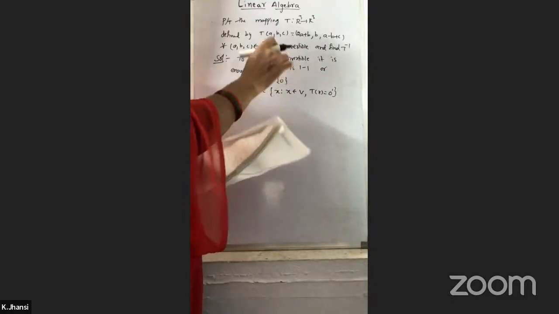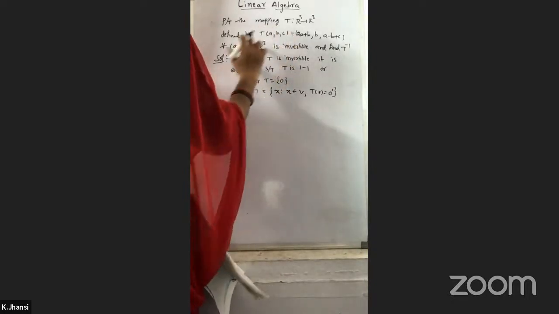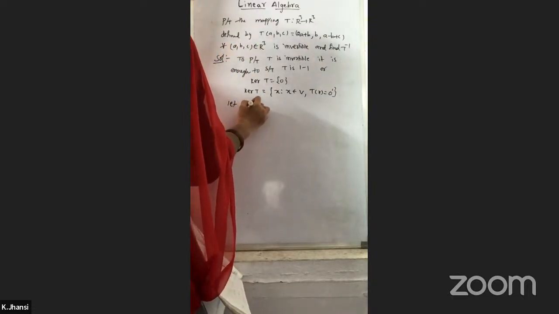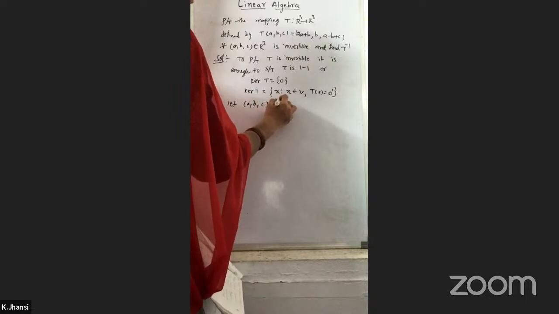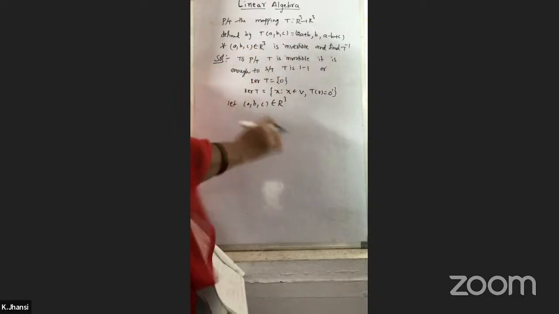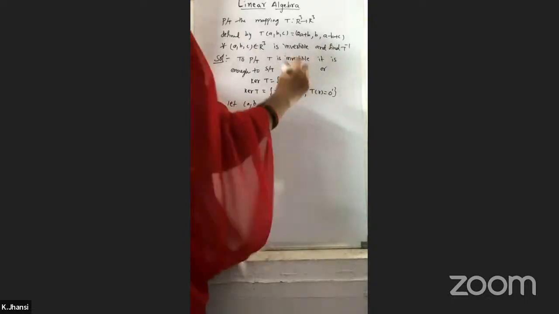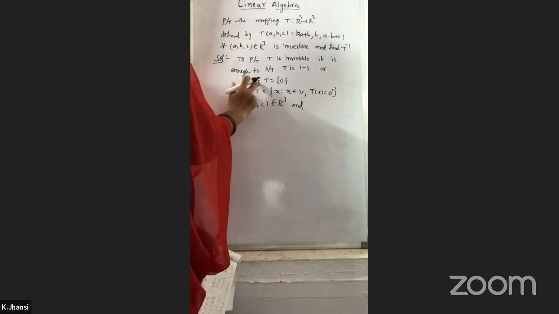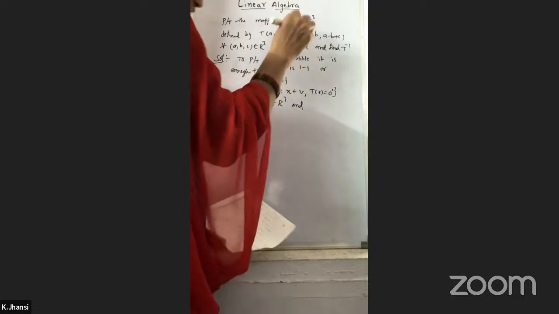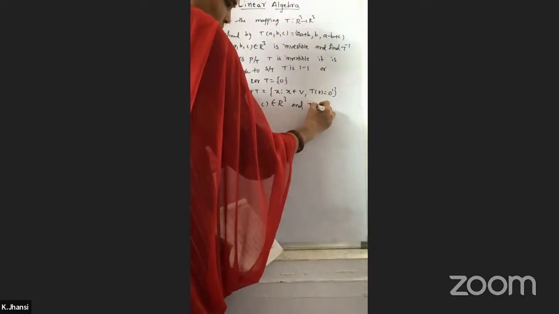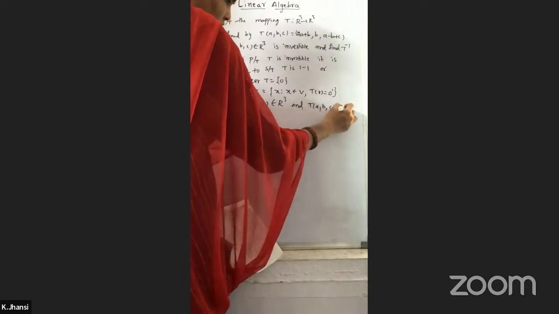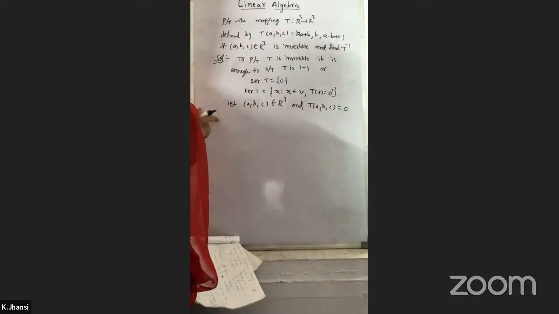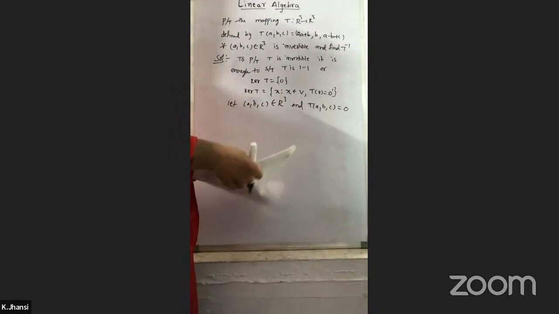So for that, choose, let a, b, c, which are already there, so take that one only. Let (a, b, c) belong to R3. Whenever they belong to R3, then by the definition of kernel of T, we write T of (a, b, c) equals 0.